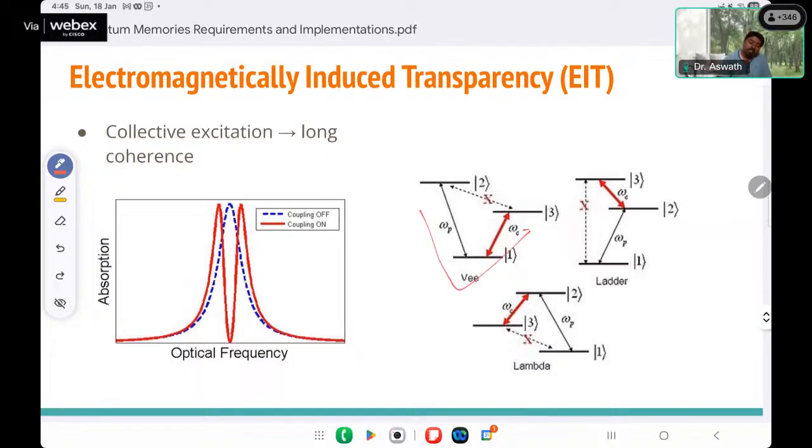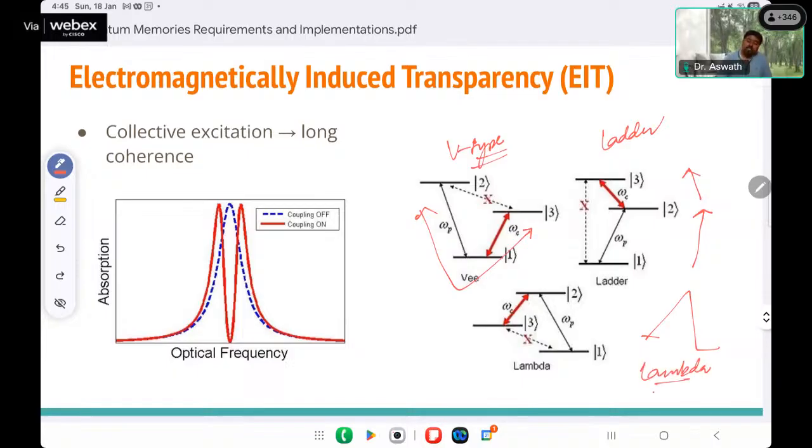Let's say this is V, this is a ladder, and the other one is lambda. There are two ground states and one excited state, and so on. This is called a V type configuration, this is a ladder type configuration, and this is a lambda type configuration.